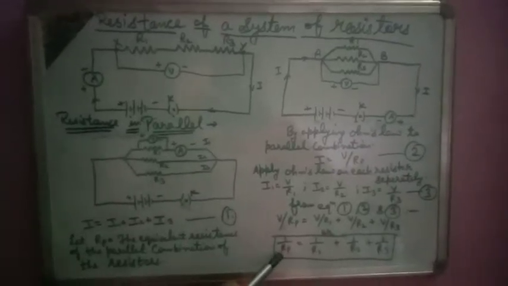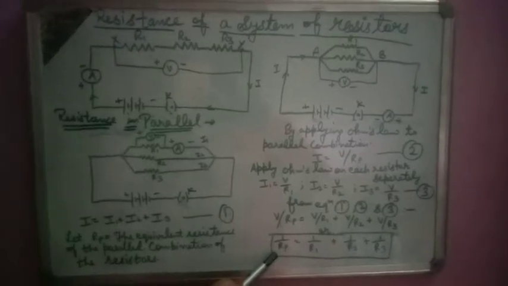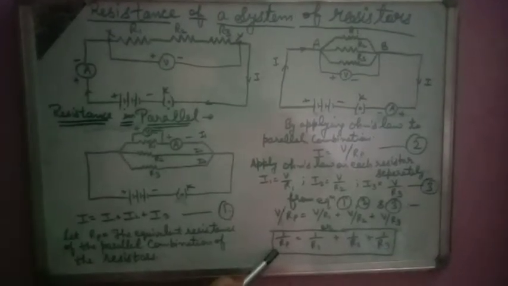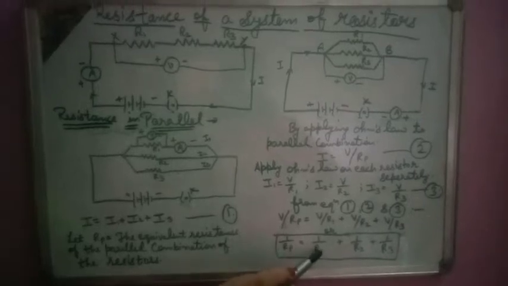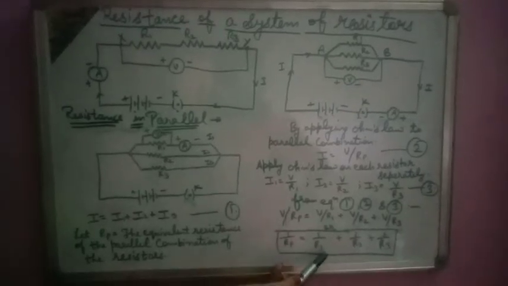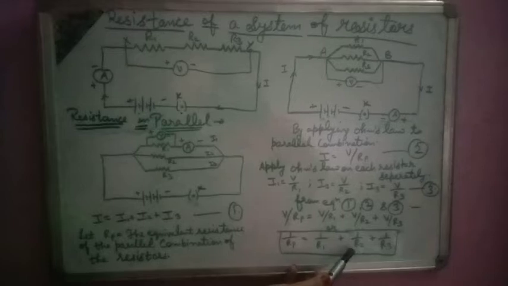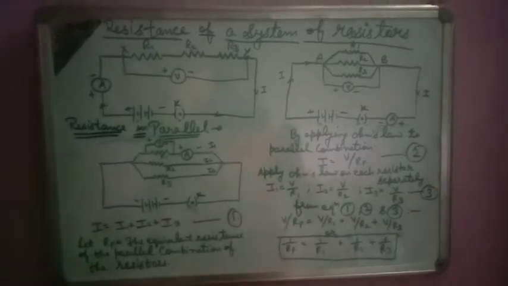The reciprocal of equivalent resistance of a group of resistances joined in parallel is equal to the sum of the reciprocals of the individual resistances. So this is the conclusion of resistance in parallel.